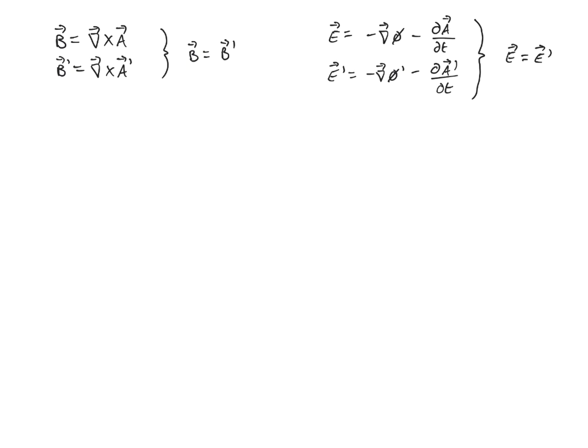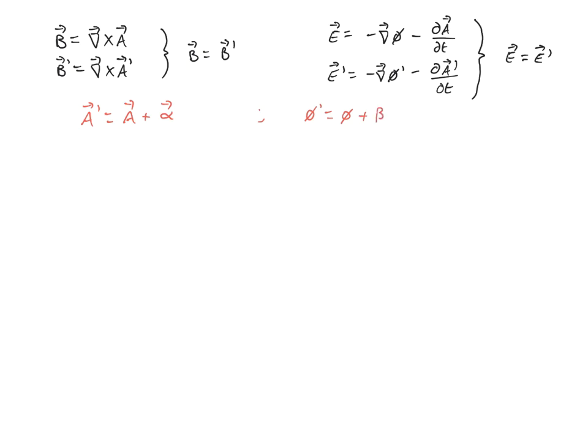Let's explore mathematically the consequences of these equations. And the way we do this, of course, is simply by substituting in our expressions for the gauge transformation, namely, as on the previous slide, that A primed is equal to A plus some vector field alpha, whilst our scalar potential phi primed is equal to our original scalar potential phi plus some scalar field beta.